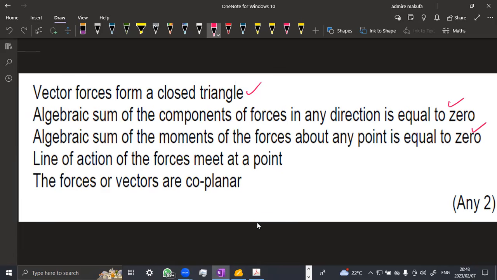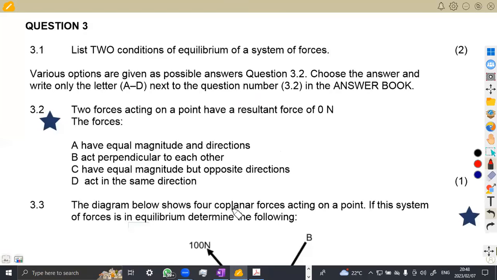Then the lines of action of the forces meet at a point, and also the force vectors are coplanar. So you can choose any two from these ones that we are given.